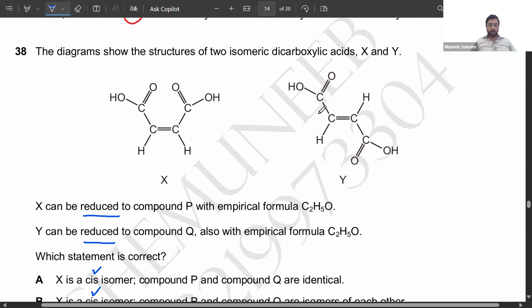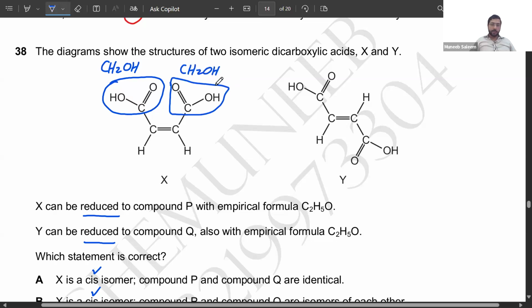So by reduction, we can consider that the carboxylic group can be converted into the CH2OH part, and this one also can convert into CH2OH. This is reduction, the reduction of carboxylic group into the alcoholic group.